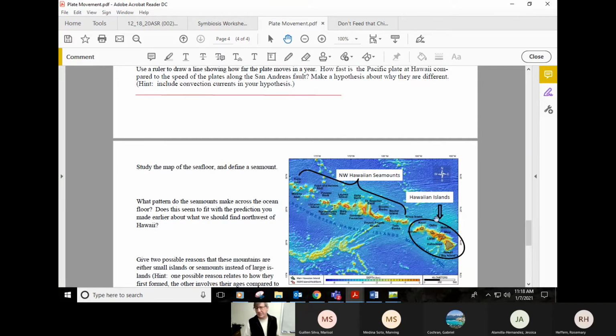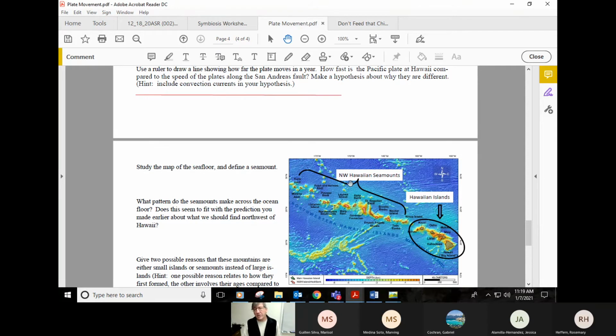So, on this map, we can see the Hawaiian Islands again, but we've zoomed out and we can see that there are these other islands. Some of them are islands. Some of them are atolls, which are coral reefs on top of a sunken island.